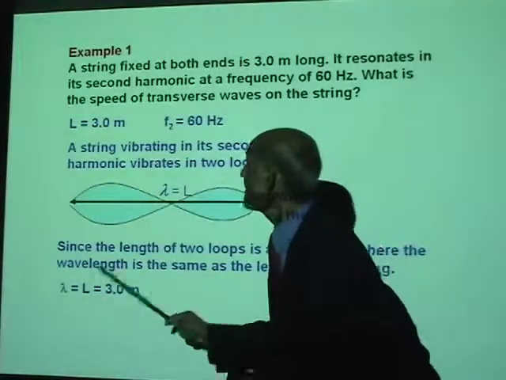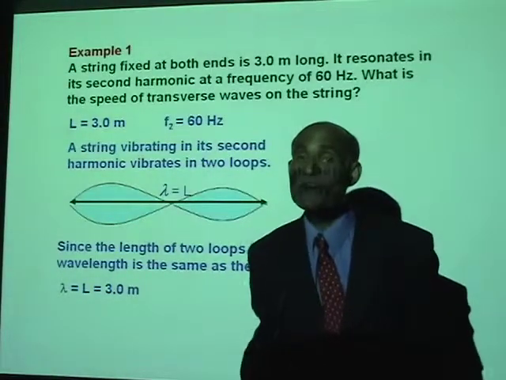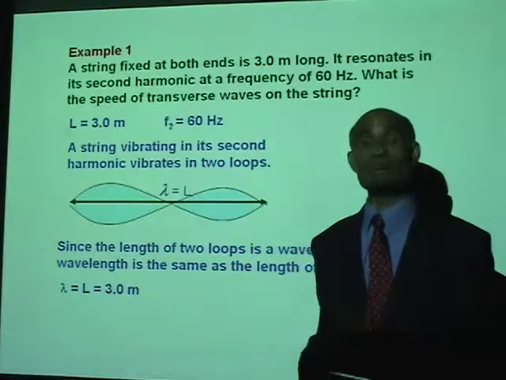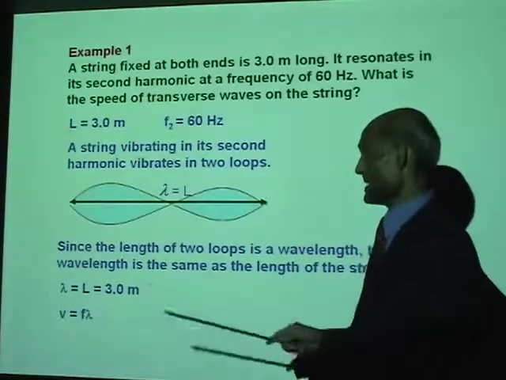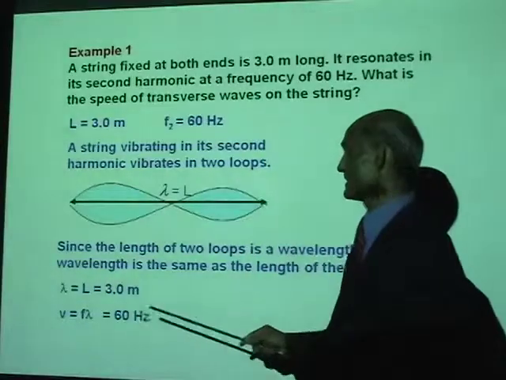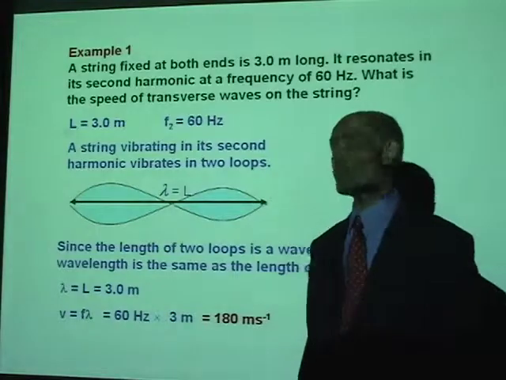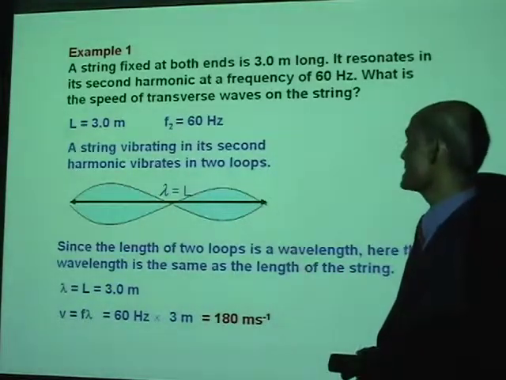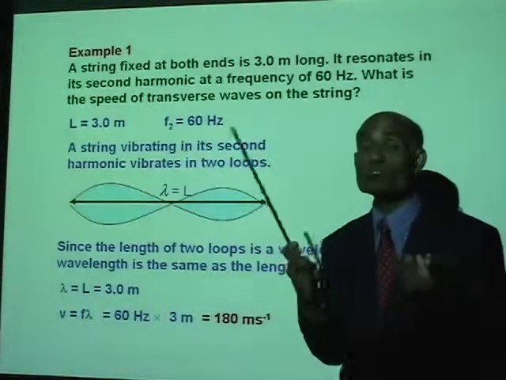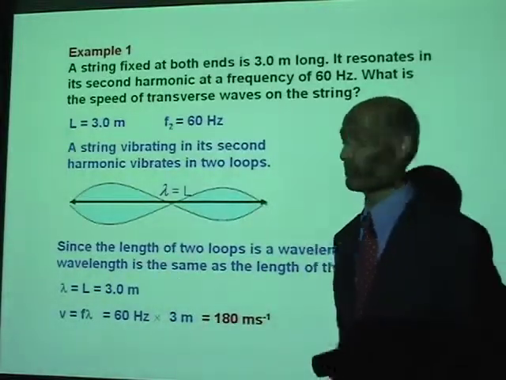Well, we know the wavelength, we know the frequency. Can you calculate the wave speed? What equation will you use? Well, wave speed is v equal to f lambda, and you've got both the values, and that wave speed is 180 meters per second. You can see, once you know the fundamental ideas, problem solving is very simple.